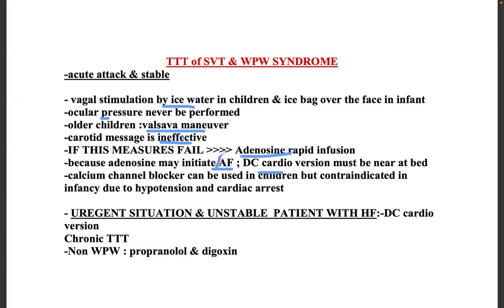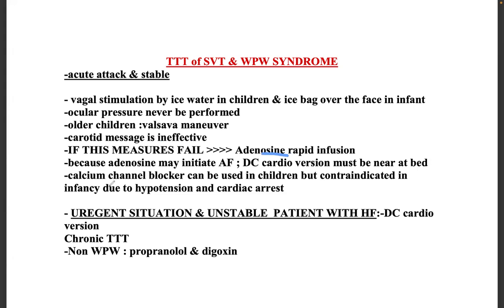There is a chance, so you should keep your DC cardioversion near the bed. Next, a calcium channel blocker can be used in children but is contraindicated in infancy due to hypotension and cardiac arrest.